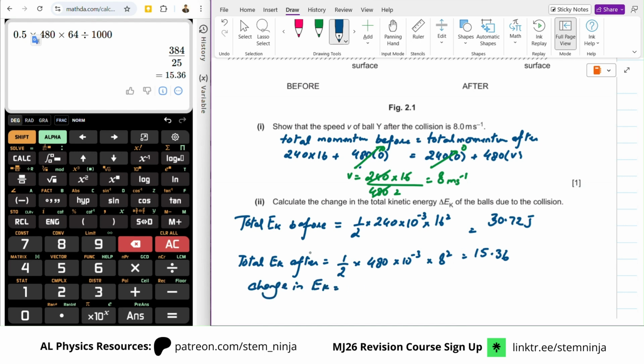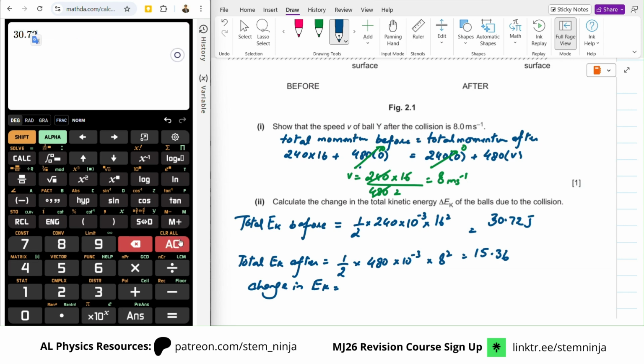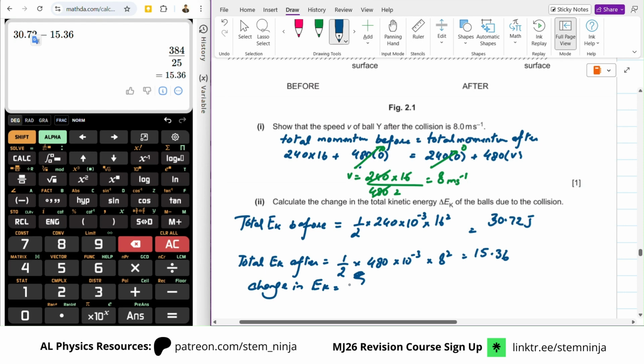is going to be 30.72 minus 15.36. So 30.72 minus 15.36 is equal to 15.36 joules.